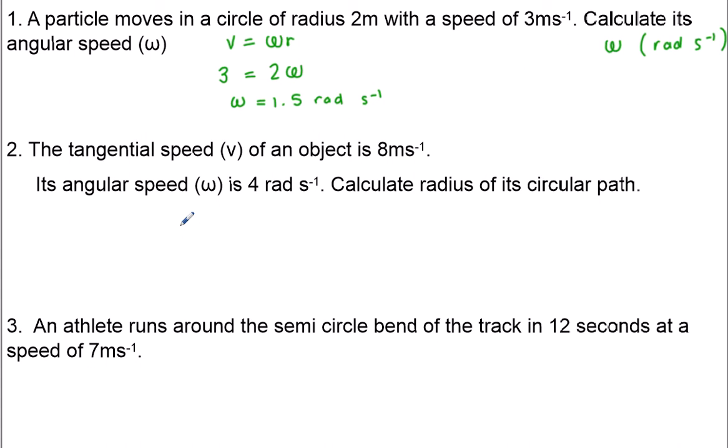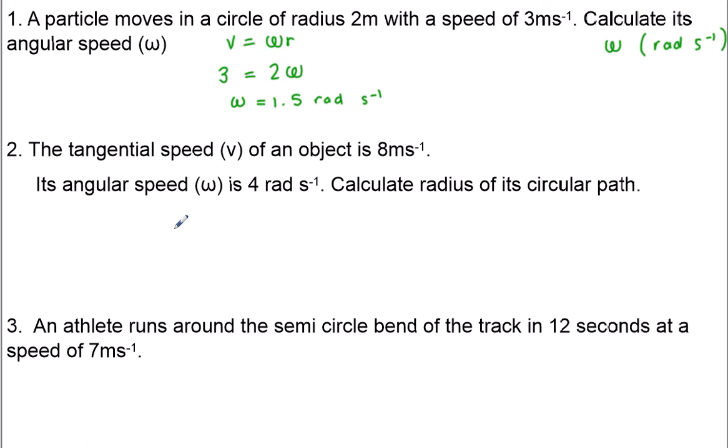So they both complete 1 full turn in exactly the same amount of time. But the particle on the longer string has actually gone a lot further, because the longer your radius, the longer your circumference. So 2 objects can have the same angular speed and different tangential speeds, because it all depends on radius as well.